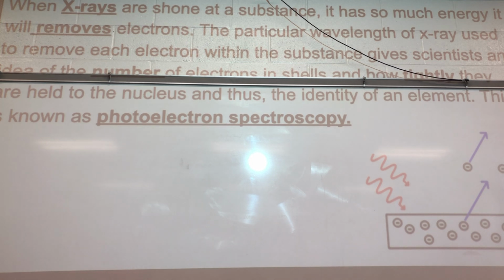But if you put so much energy in, you can literally get them to start flying off and shred an atom of all its electrons. That's what happens in photoelectron spectroscopy: we remove all of the electrons from an atom. Every single electron gets ripped off.